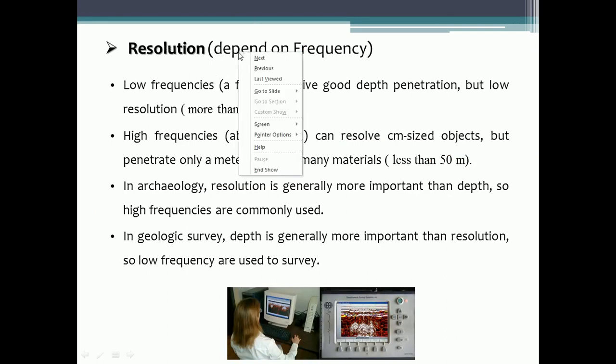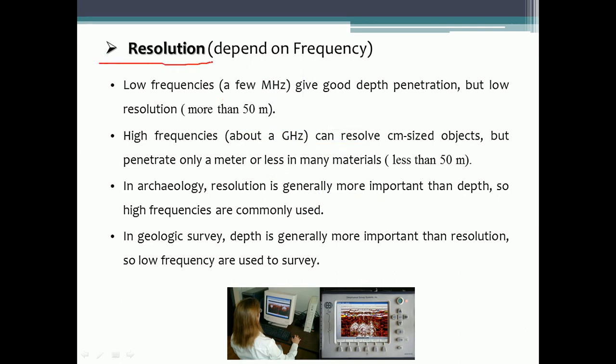Now resolution: whatever waveforms or images we obtain by the GPR technique, what will be the resolution of that image, because we are taking data for different depths. Whether we need the data for archaeological purposes, geological purposes, or highway evaluation, based on our requirement we need to decide the frequency so that we get the required resolution.